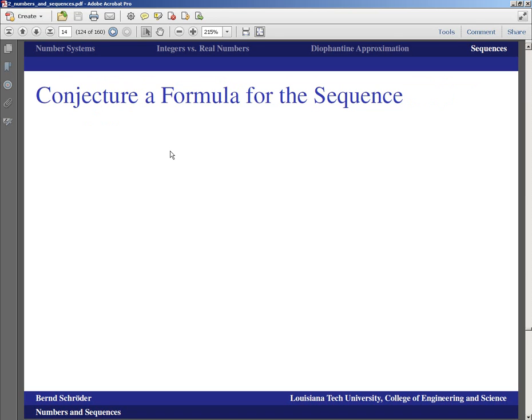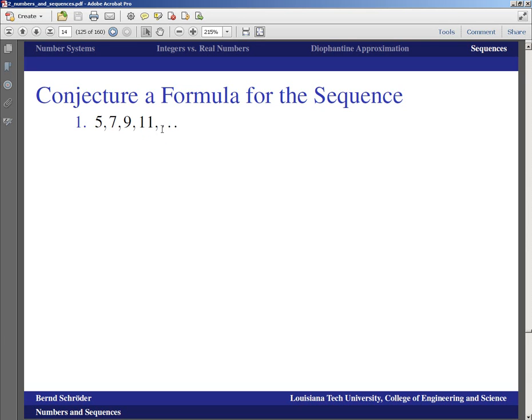Okay, so what can you do with sequences? Well, one of the things that is on certain kinds of intelligence tests, if you will, is that you can conjecture a formula for a sequence, or at least try to find the next term. For example, if I give you the sequence 5, 7, 9, 11, well, okay, those are all odd numbers, which means that the next term is 13.